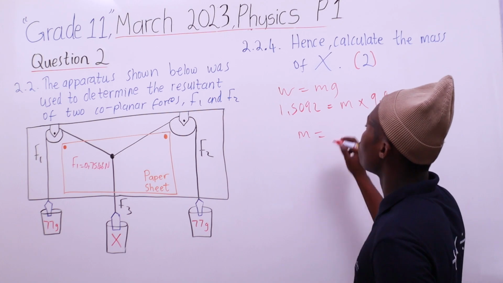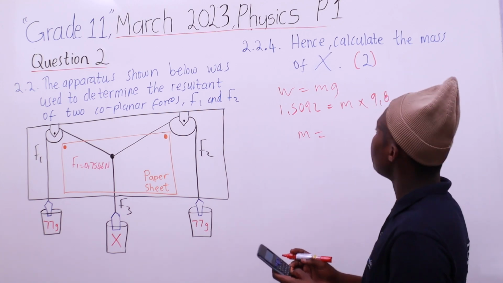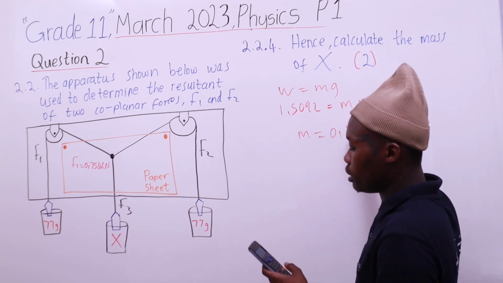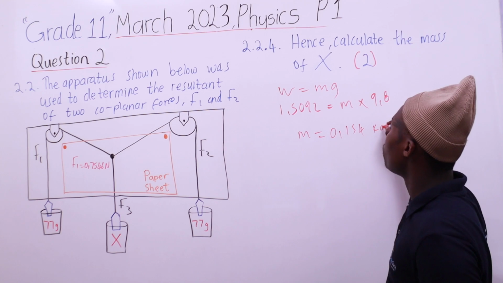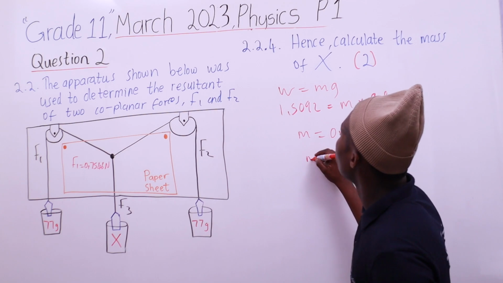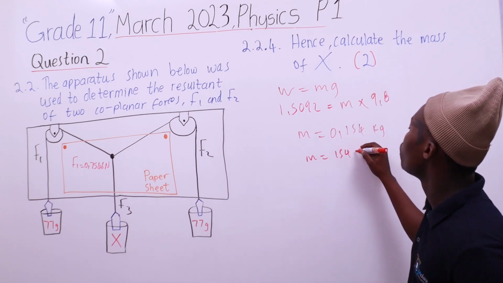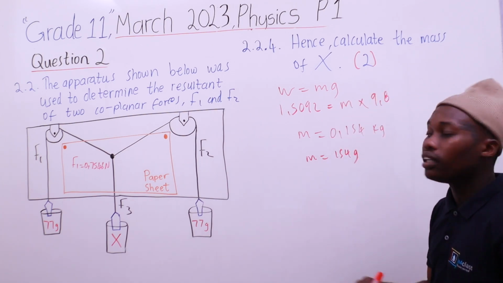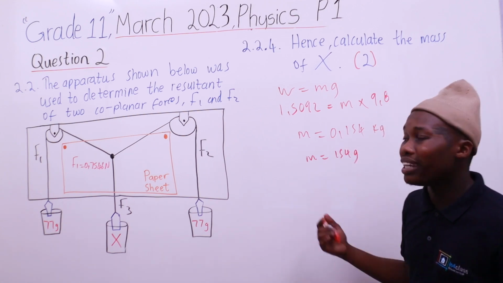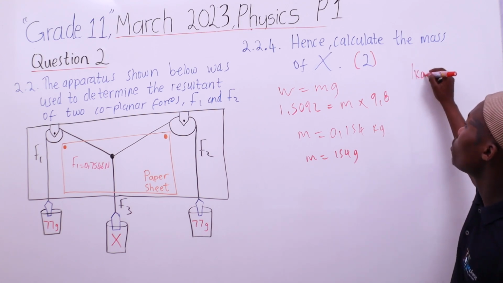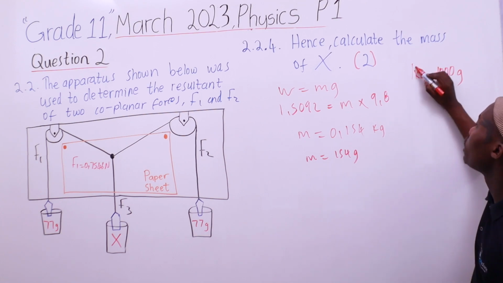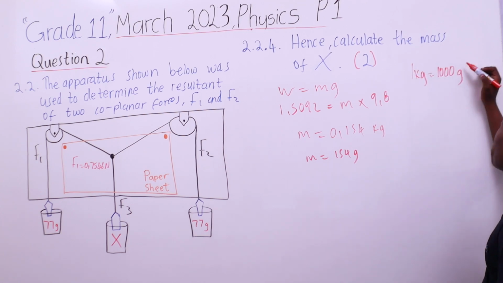So now m is equal to 1.5092 divided by 9.8. We get 0.154 kilograms. Another answer someone can write is 154 grams. It is the same thing as 0.154 kilograms, because if we multiply by 1000, 1 kilogram is equal to 1000 grams. It means when you go from kilogram to gram you multiply by 1000.